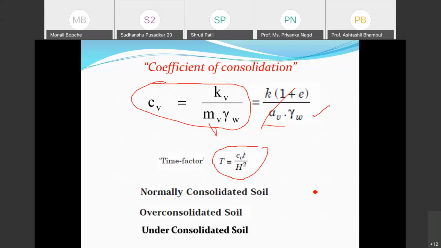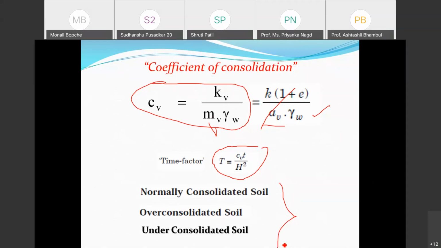Now the soil which is consolidated, that soil deposit can be termed as a normally consolidated, over consolidated, or under consolidated soil deposit, depending upon the stress to which your soil is subjected. This soil which exists on the earth has been consolidated over a long period of time.